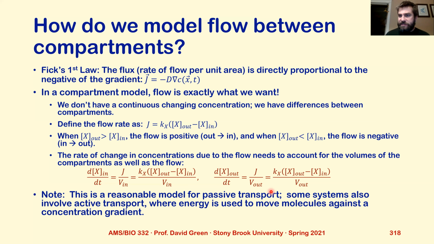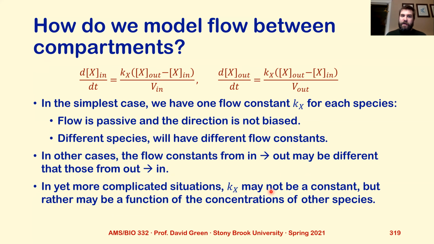We can do exactly the same thing here, right? So we can just add these terms into our mass action kinetic models to get a complete answer. Now, let's think a little bit more about these equations before we go and do that.